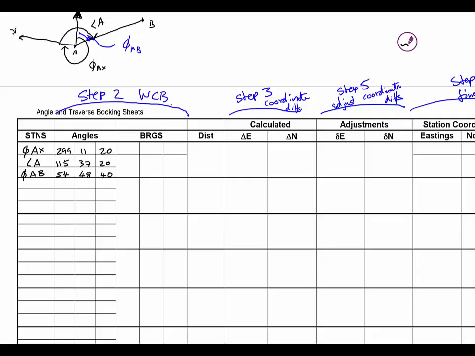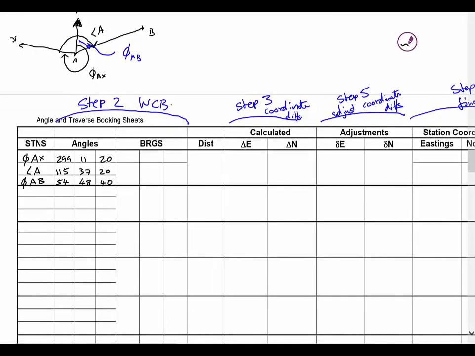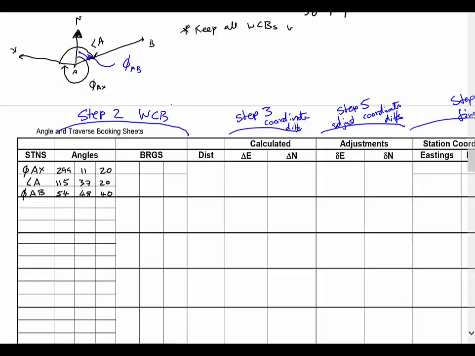If you didn't get 54, 48, 40, don't worry, you've probably got something over 360. The important thing to remember is you want to keep all whole circle bearings within the 0 degrees to 360 degrees.